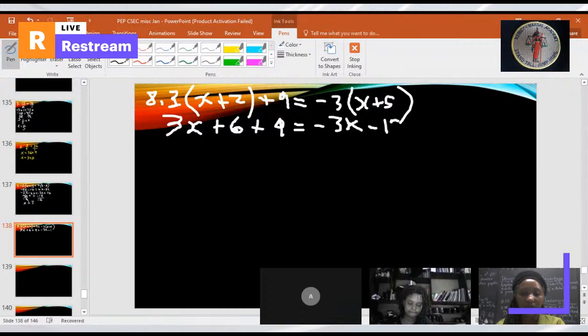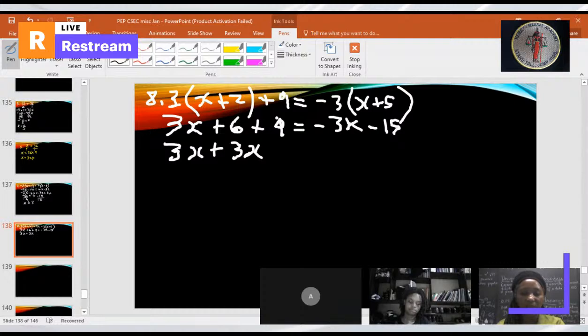So what do I do next? Now we're going to group the like terms. So we're going to bring over the negative 3x to make it a positive 3x. Or we could say we're adding 3x to both sides.